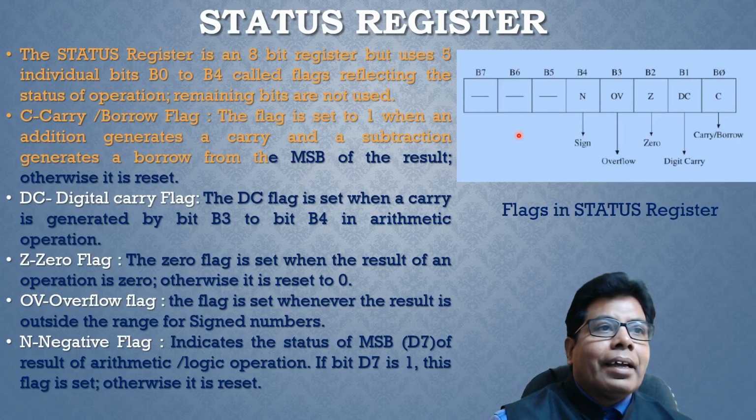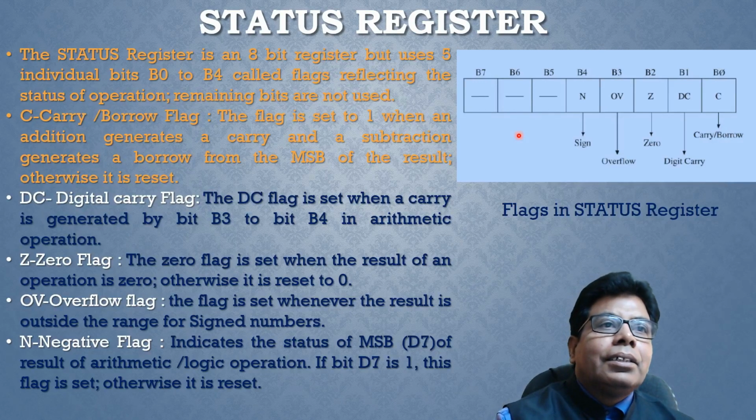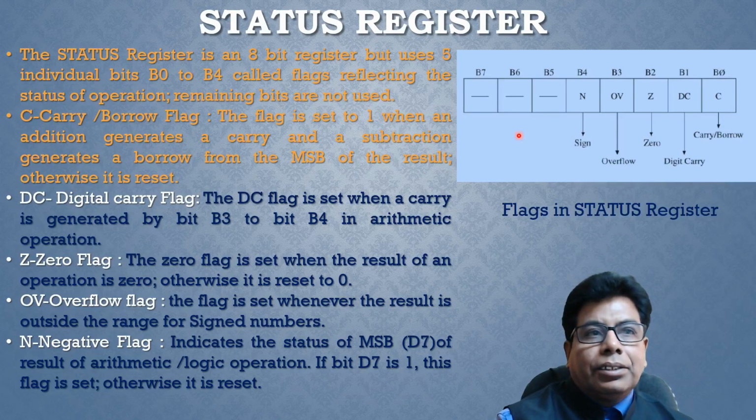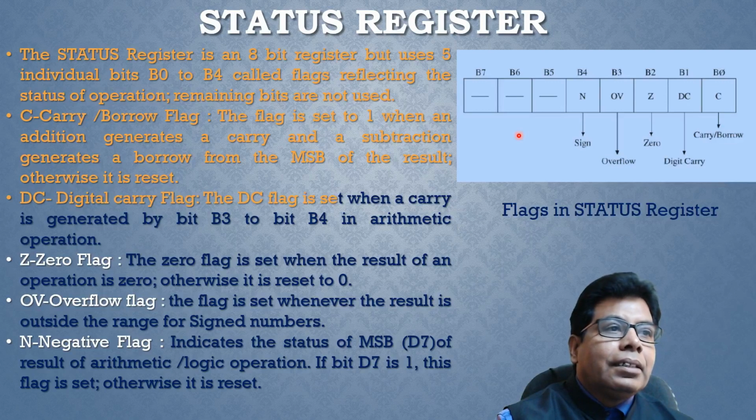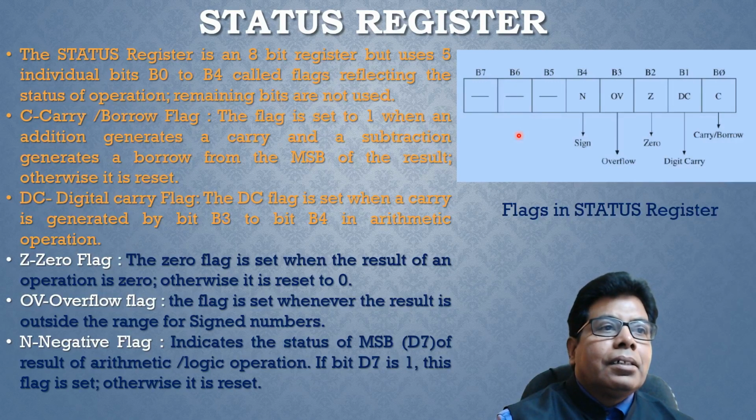The carry flag is set to 1 when addition generates a carry and subtraction generates a borrow from the MSB of the result. Otherwise it is reset. The next flag is the digital carry flag. The digital carry or DC flag is set when a carry is generated from bit 3 to bit 4 in arithmetic operations. So generally it is used in BCD operations.